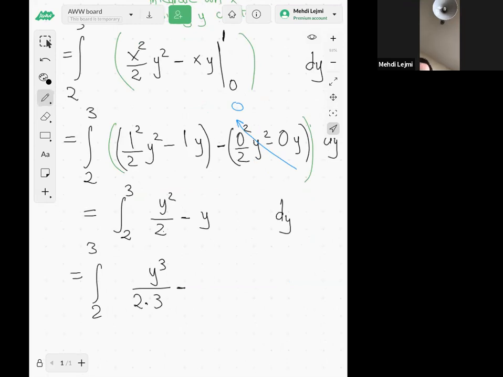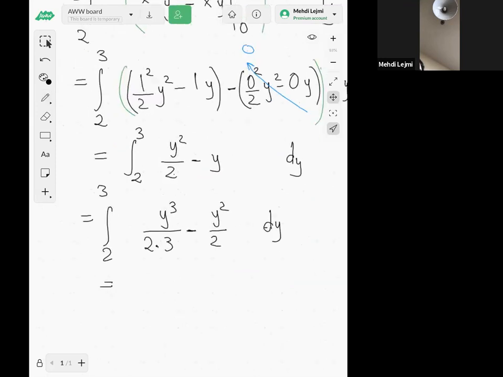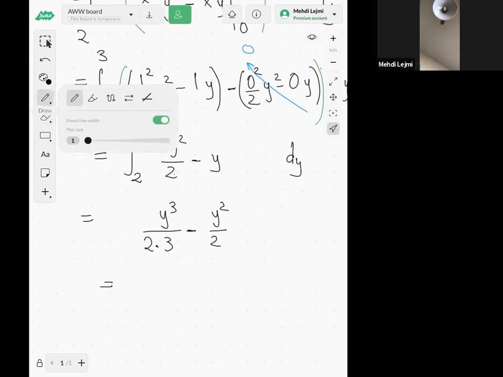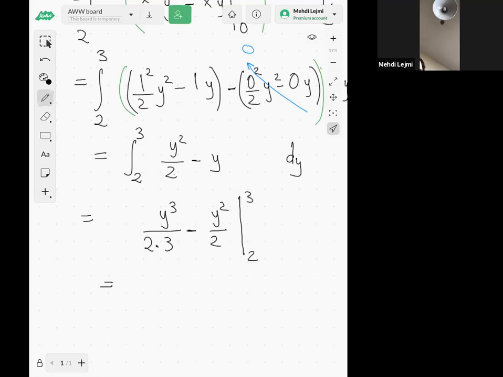Minus the integral of y, which is y squared over 2, dy. Now we evaluate from 2 to 3. So this is 3 cubed over 2 times 3 minus 3 squared over 2, and then substitute y by 2: 2 cubed over 2 times 3 minus 2 squared over 2.